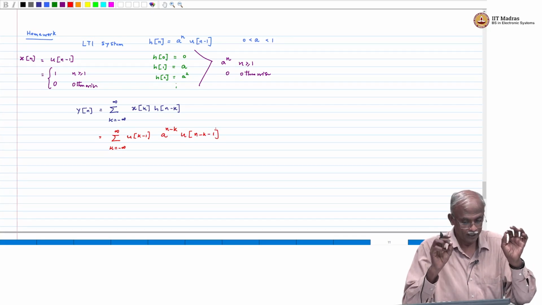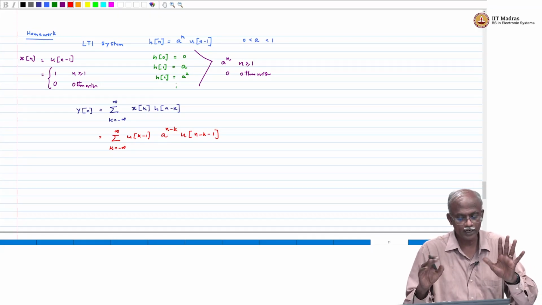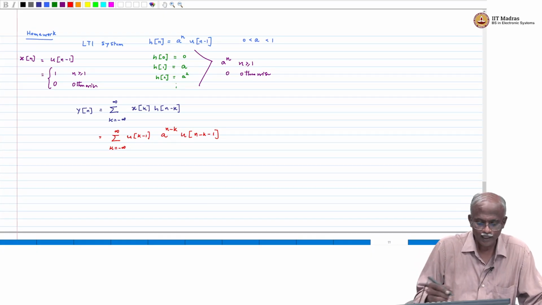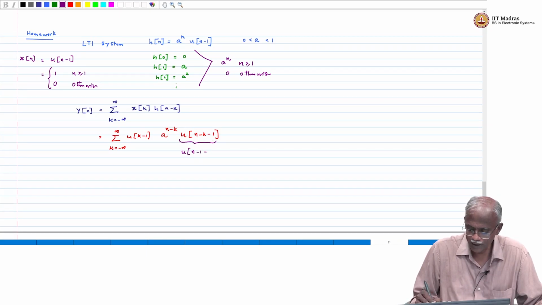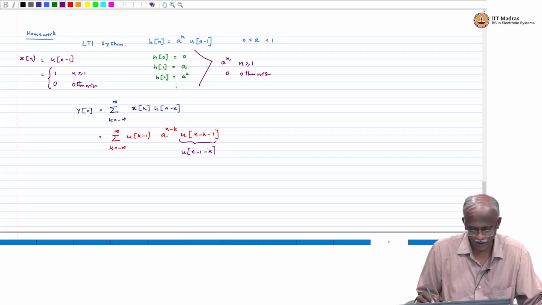Please make sure you are getting exactly the correct expressions, because if you get the expressions slightly differently, then it will be a problem. Now, this term can also be written as u of n minus 1 minus k. Again, it is just reordering the terms.